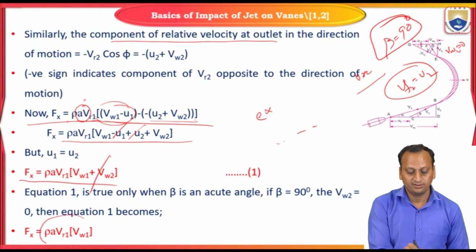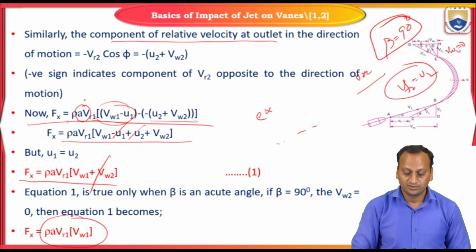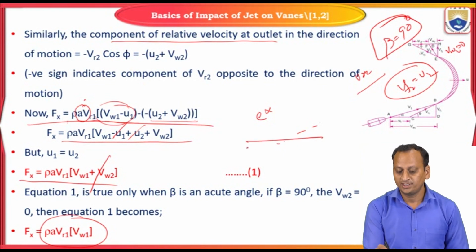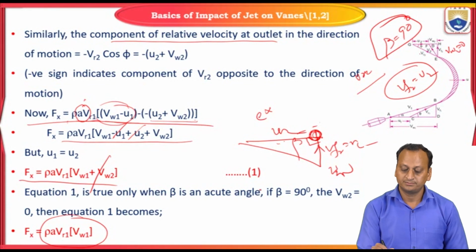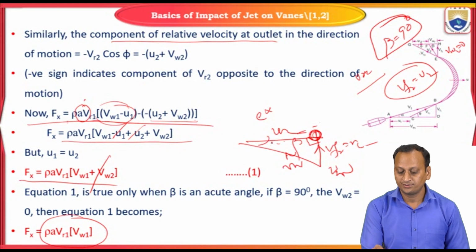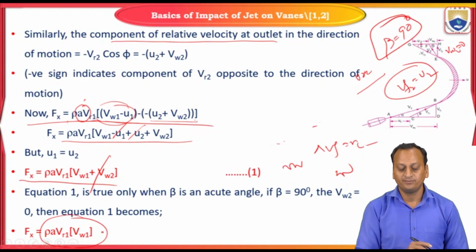Rho A VR1 into VW1 is the force in the x direction. So when beta is 90 degrees, only these components will be present. VF2 equals V2, there is no VW2 component, it becomes 0, so this is entirely U2 only. Therefore, in this condition, Fx equals rho A VR1 into VW1.